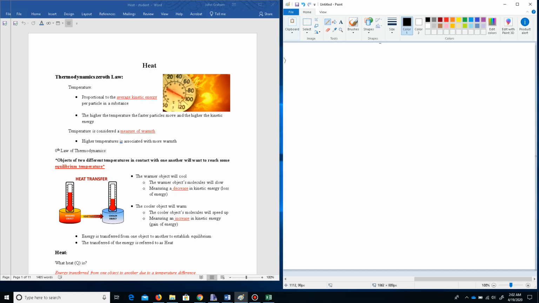a really hot metal ball. So this is a metal ball that has some temperature. I'm going to say it's really high. And we put that into a liquid.